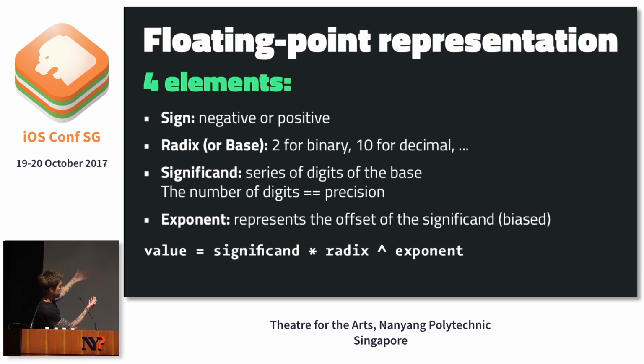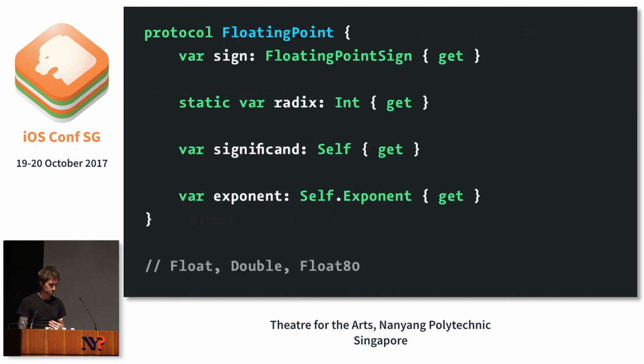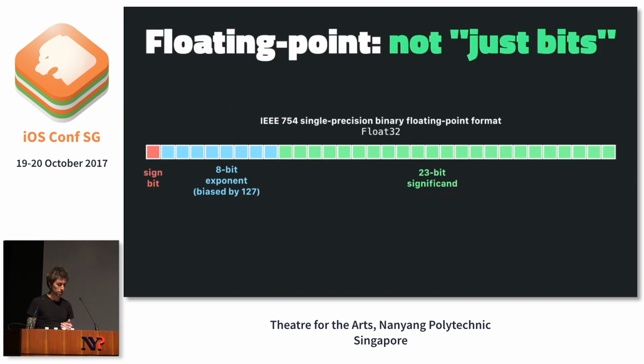So to compute any floating point value, you take the significand and multiply it by the base raised to that exponent. And how convenient. The floating point protocol provides all of these components for us. The Swift standard library is just really great for exploring these types and how they're implemented under the hood.